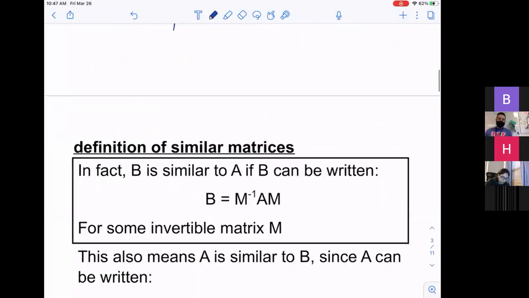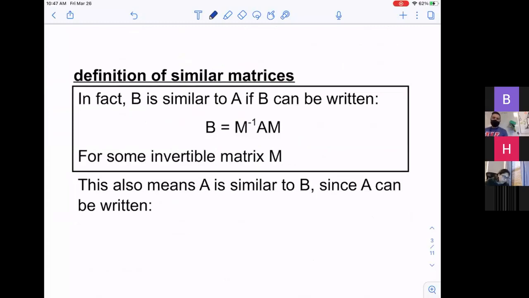So the definition is just if I take A and I multiply on one side by M inverse, on the other side by M, I will get another matrix that has the same eigenvalues as A, which is what we call a similar matrix. So B will be similar to A if there's some matrix M where B is equal to M inverse AM.